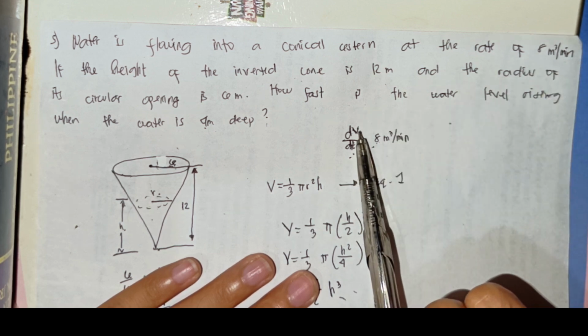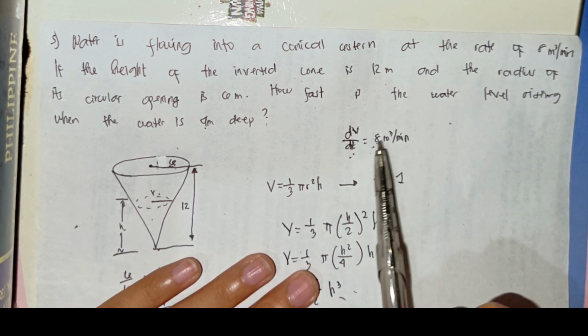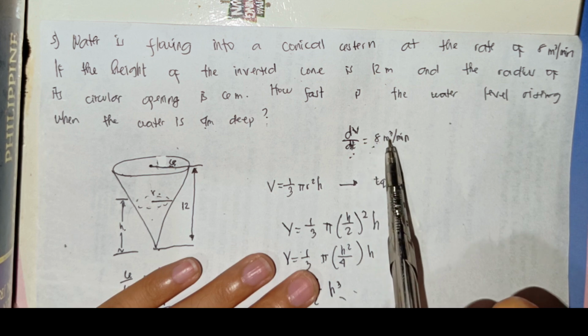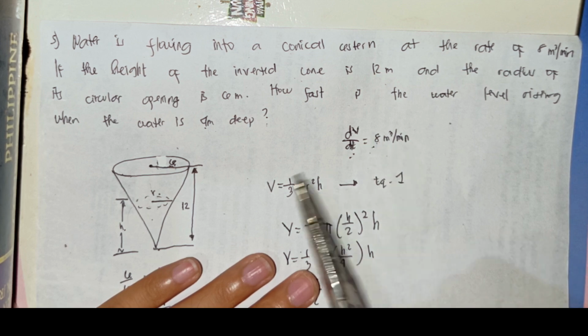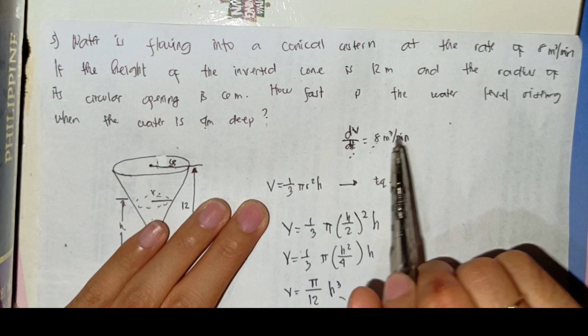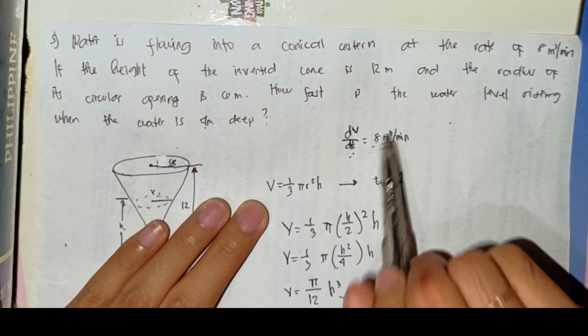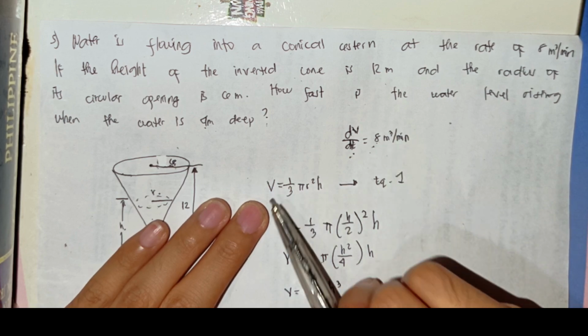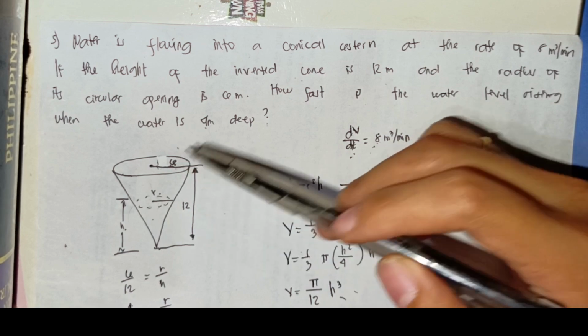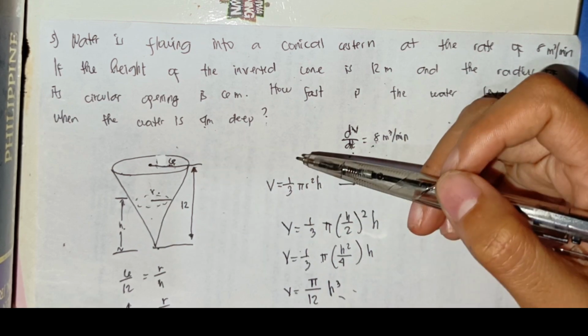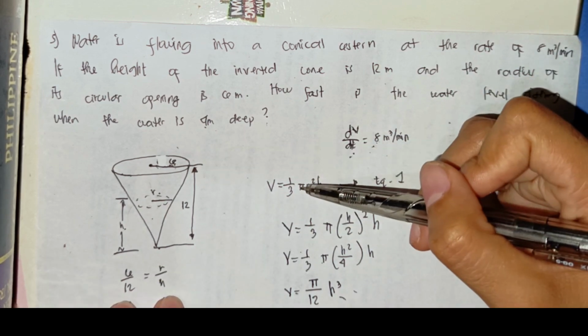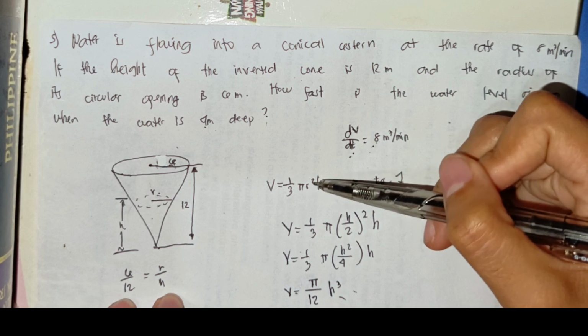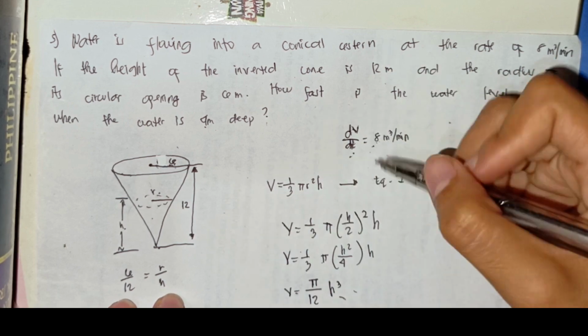So, the differential of the volume with respect to time is 8 cubic meters per minute. The volume of the inverted cone is 1/3 times base pi r squared times height. This is equation 1.